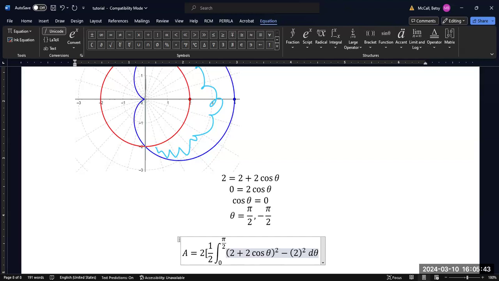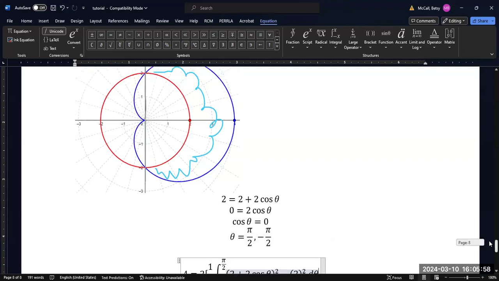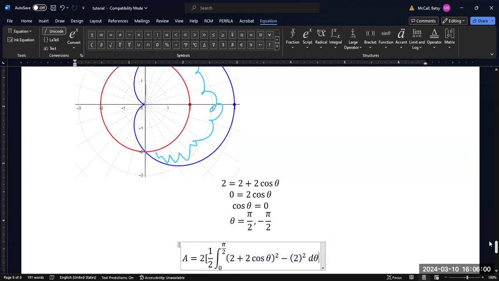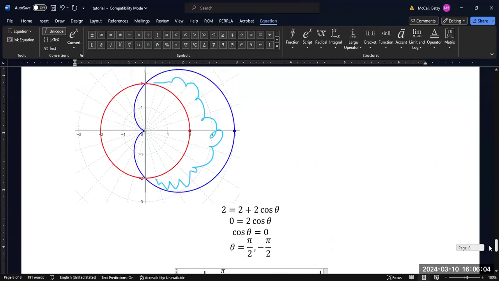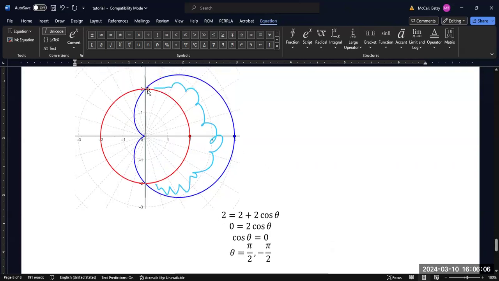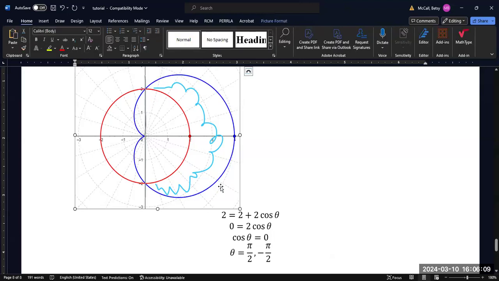Now, it's important to keep this in mind. You do need to square the outer curve and square the inner curve separately. Some people are tempted to just subtract them and then just square what's left. You can't actually do that. Essentially, keep in mind what we're doing here is, if we look back at our drawing, we're going to find the area of the entire cardioid between these two angles. That's the whole area.